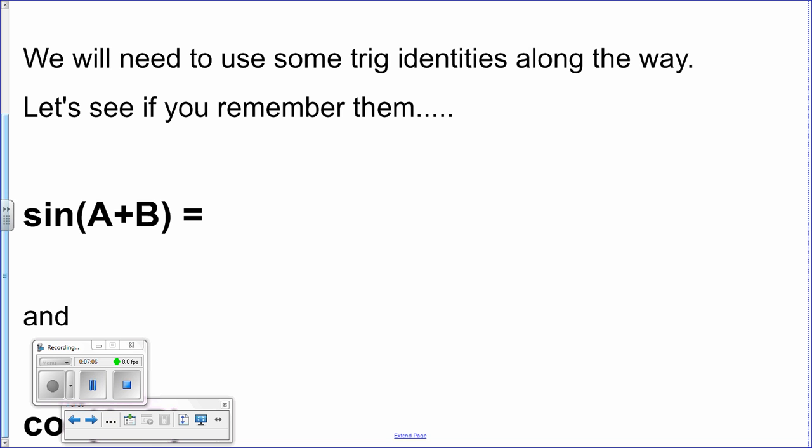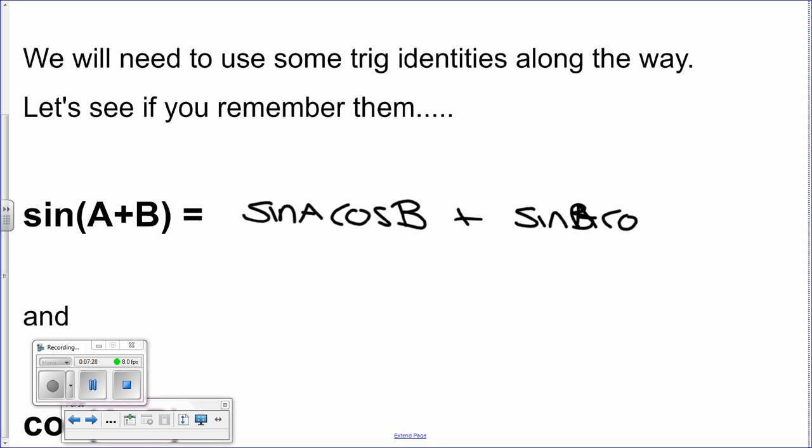That's what you're thinking of, the sine of 2 theta. It has something to do, it's sine A cosine B plus, okay, sine A, wait, did I just change it? Sine B, sorry, cosine A. Good.